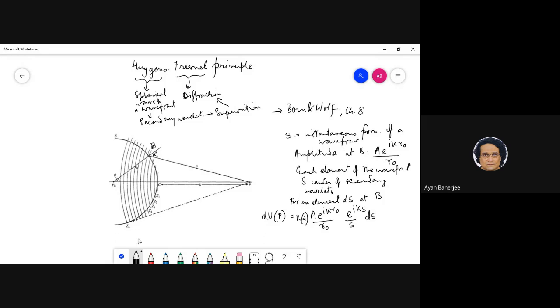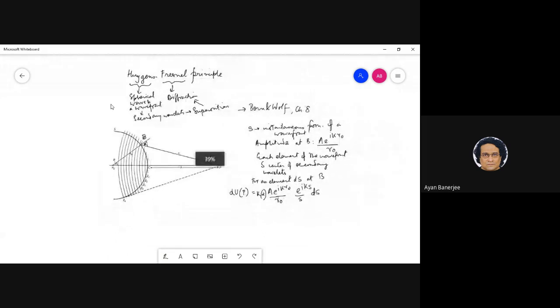So this k alpha is some kind of geometrical factor, which describes the variation of the field here due to the particular location of the secondary wavelet on the wavefront I'm considering.